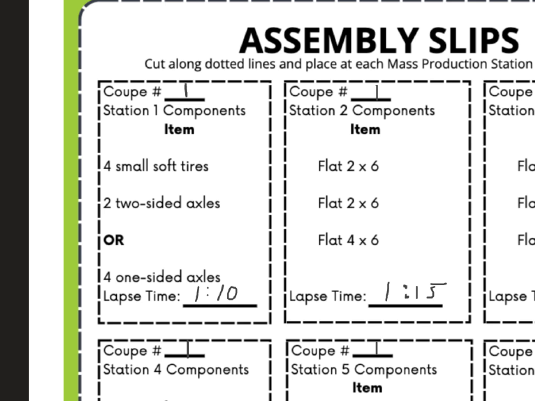So we should have little stacks of completed slips that tell what vehicle you made and whether it's number 1, number 2, number 3, and so on. And then most importantly, for this part of the analysis, how long it took you to make that part of the car.